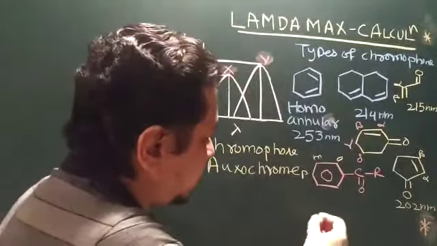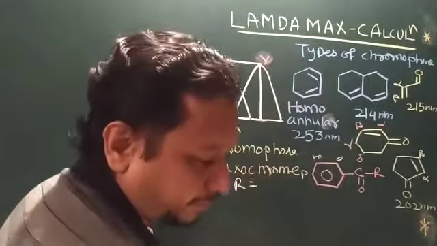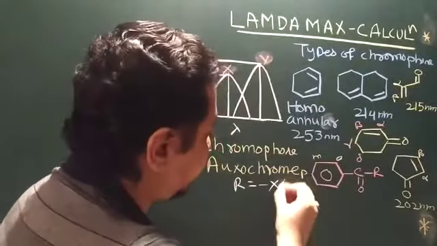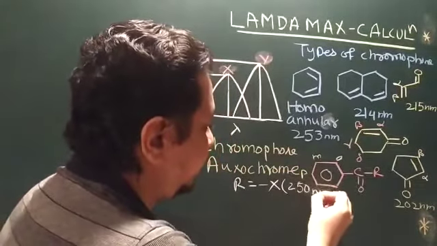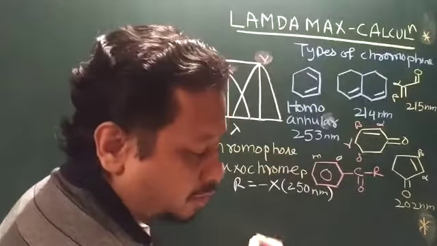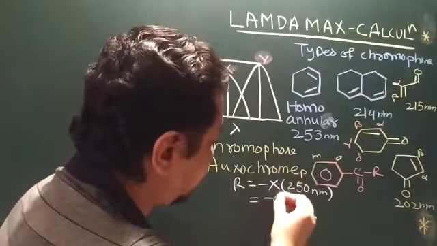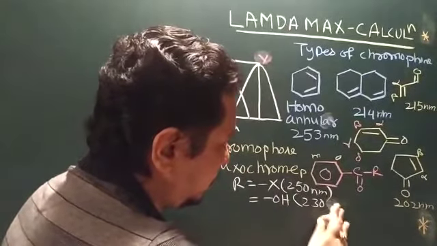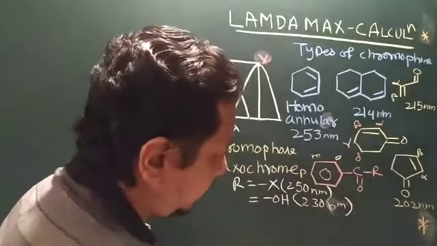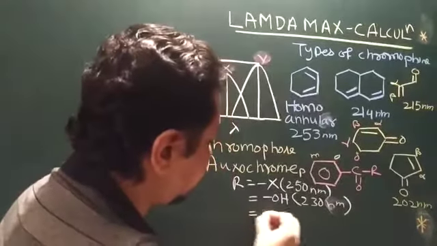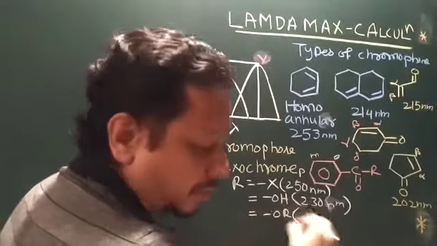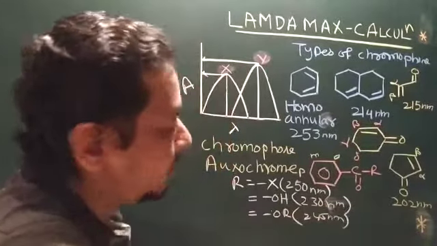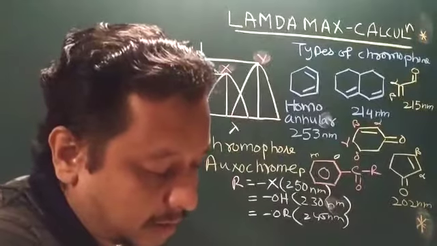The very important thing is, if R is equal to X, that is halogen, then the basic value is 250 nanometer for acyl benzene. If it is OH, that means carboxylic acid, benzoic acid, the value is 230 nanometer. Then if it is OR, that is ester, the value is 245 nanometer. So these are the things you must know before proceeding to lambda max calculation.